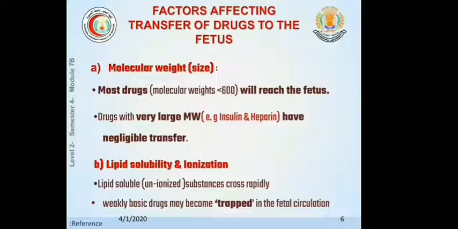Non-ionized lipophilic substances are transferred rapidly through the placenta. But ionized substances, which are less lipid soluble, cannot cross the membrane easily, so they cross the placenta very slowly.